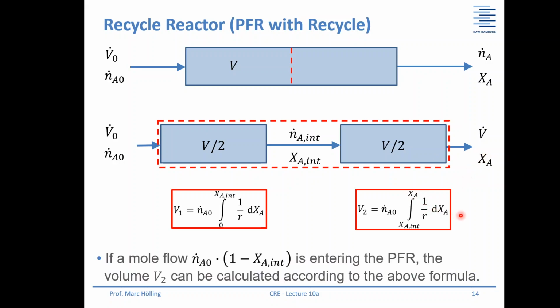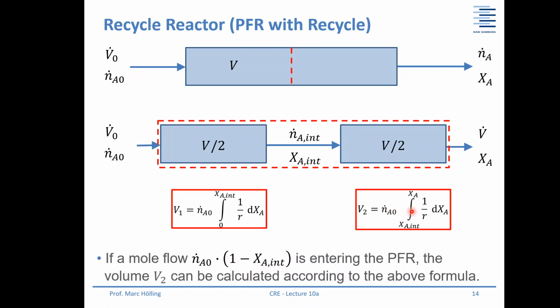And what does it help us? Okay, if you want to calculate the mole flow at this position here, then it's your initial inlet mole flow times 1 minus the conversion. If such a mole flow is entering the reactor and you want to achieve a total conversion of XA, then you can just use this equation here to calculate your volume for such a reactor.